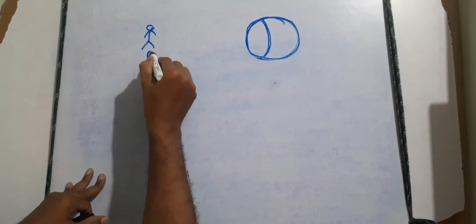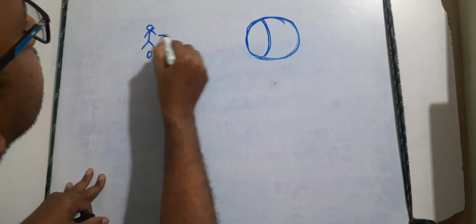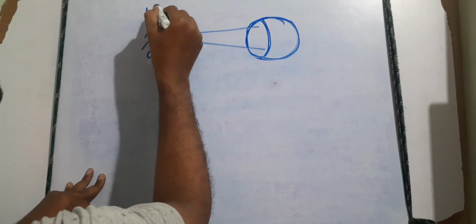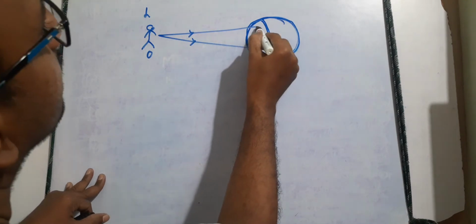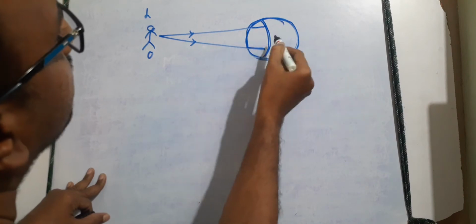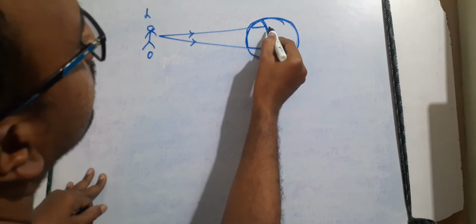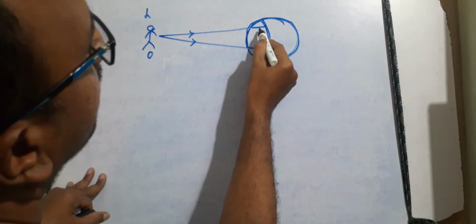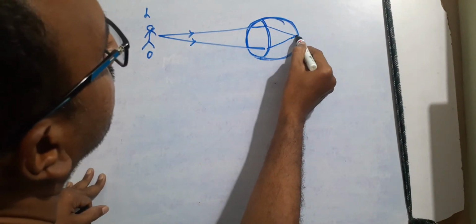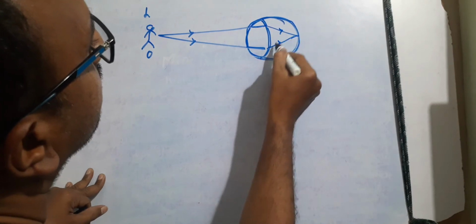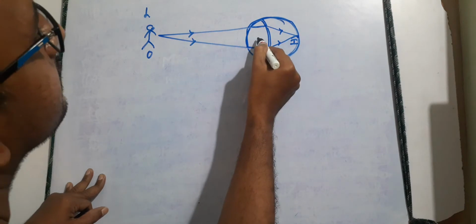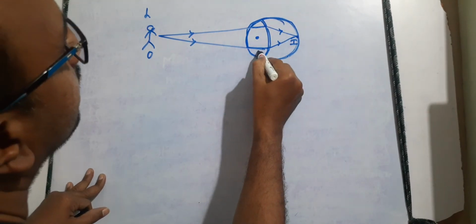Suppose this object is placed at a distance that is the least distance of distinct vision, from which the rays are entering the eye through the eye lens. After refracting through the eye lens, they are exactly converging or intersecting on the retina. There they form the image, and this is the optic center.